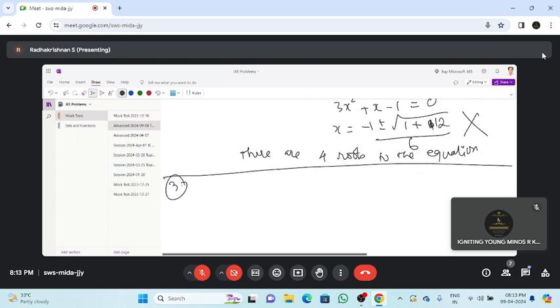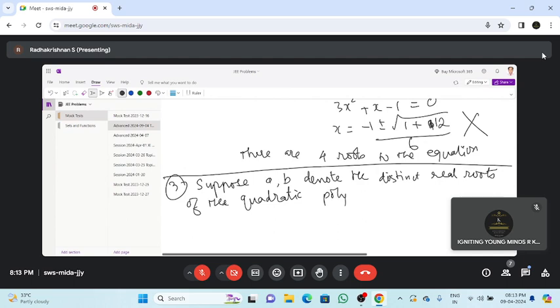Let's go to the third problem. Suppose A and B denote the distinct real roots of the quadratic polynomial, equal to 2020.